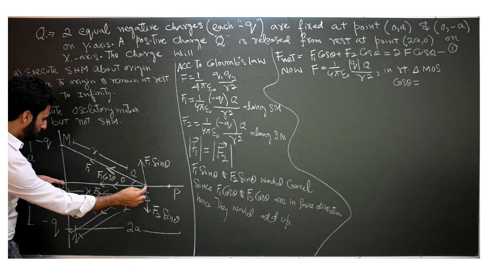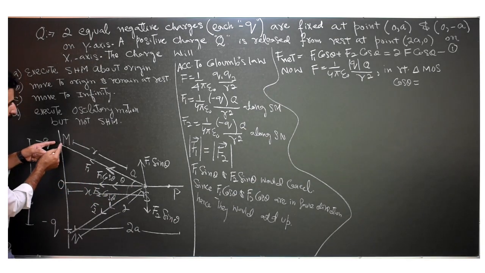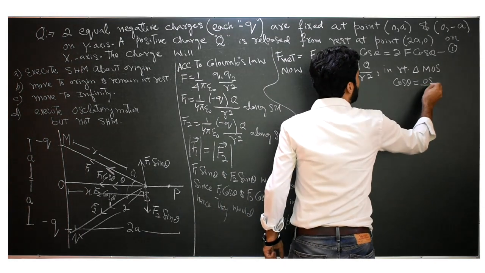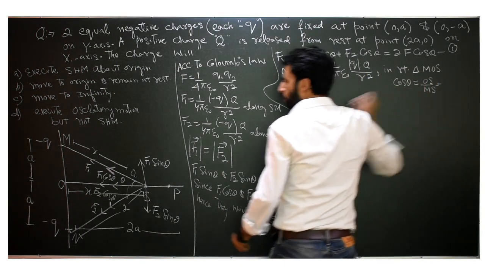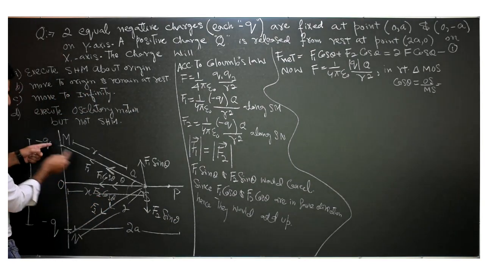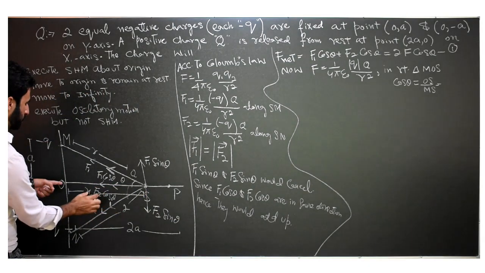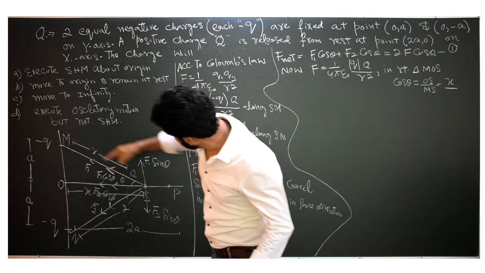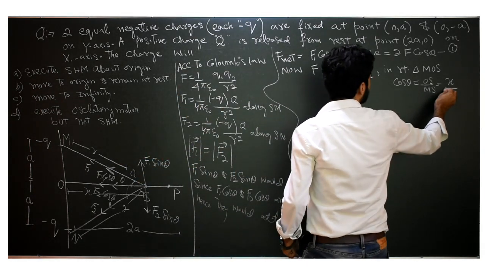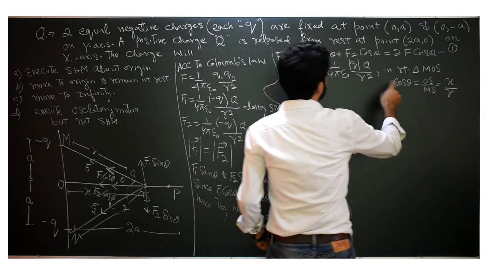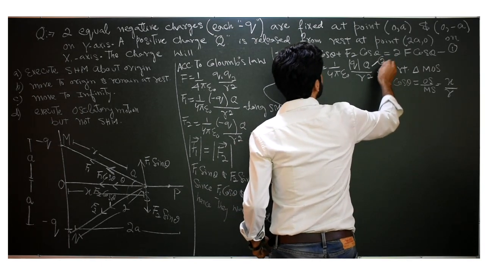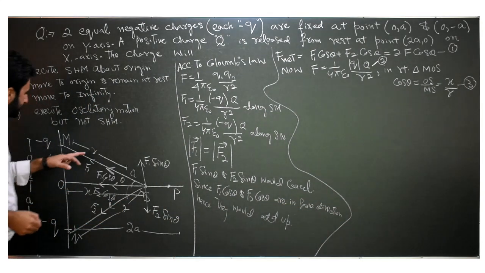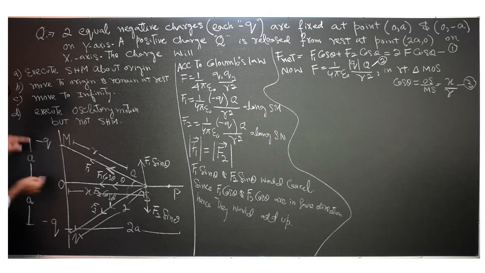Base is this OS and hypotenuse is MS, so it is OS by MS. Now we know OS is equal to X, and MS is equal to R. Let's call this equation 2, and this one equation 3.